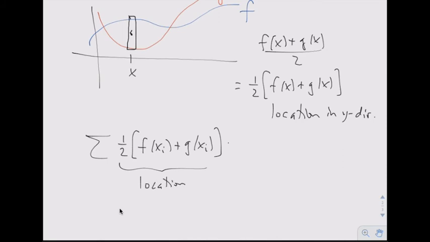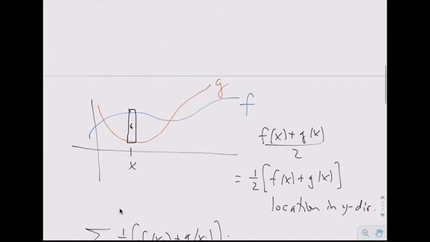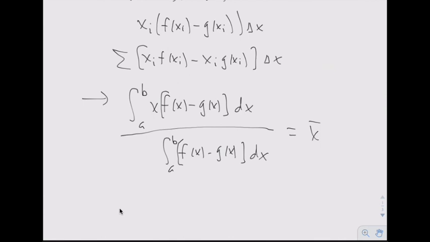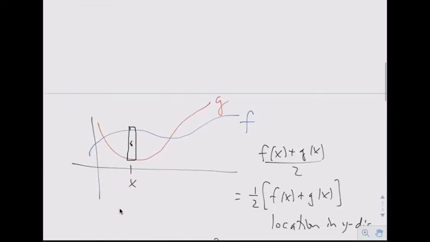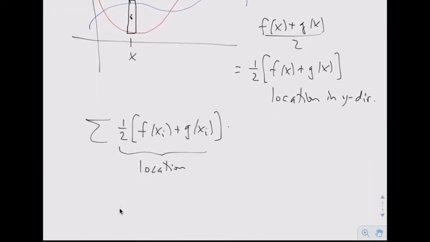Now I have to multiply by the weight or the mass of it, and that's the same as what we had before. The weight or the mass is still that expression right there. So this is going to be times the difference in the heights, which gives the height of the rectangle, times delta x, which gives the width of the rectangle. So this is the weight.